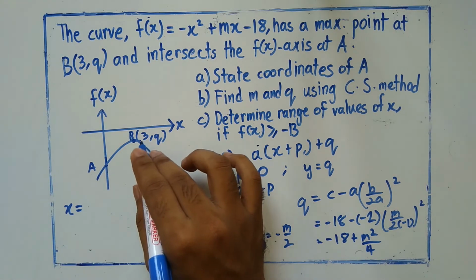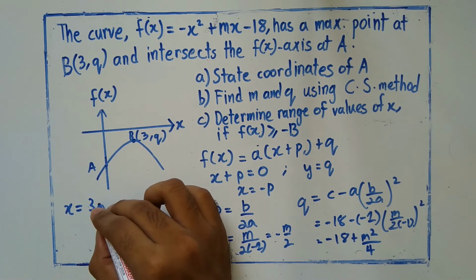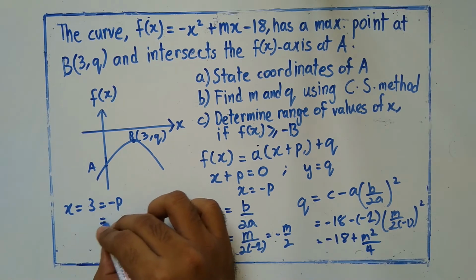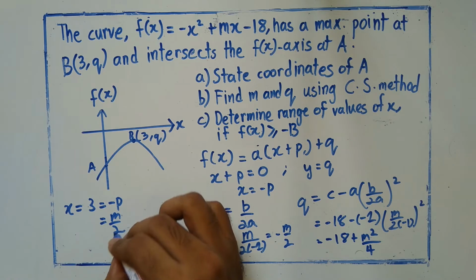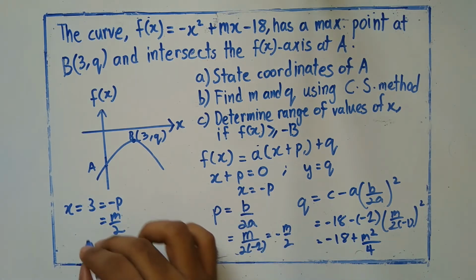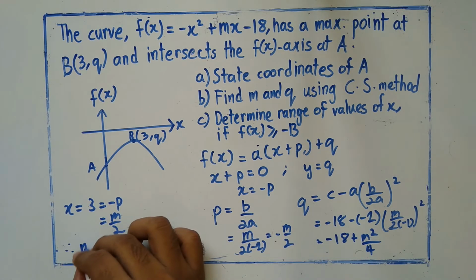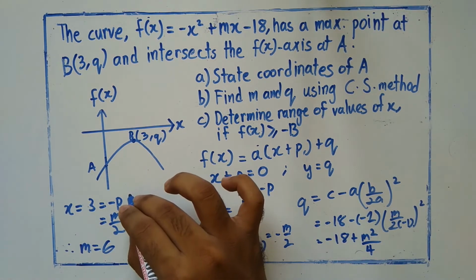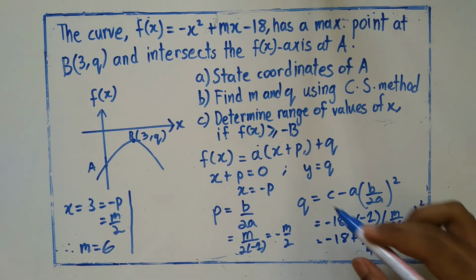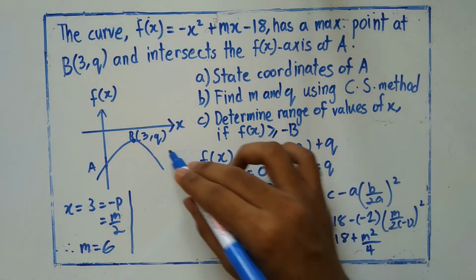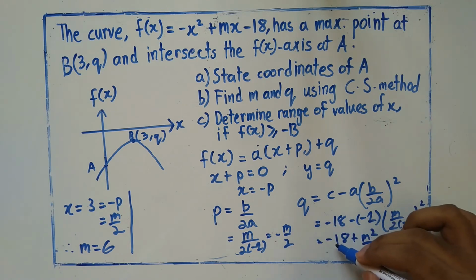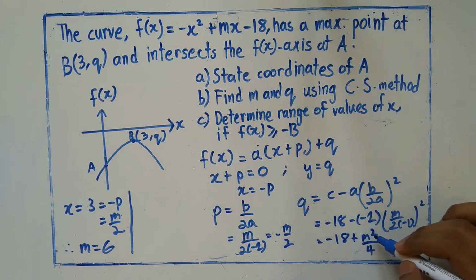Now our coordinate for x is 3, which is equivalent to minus p. This is equivalent to m plus 2, and the value of m equals 6. We do the same thing to y. y is equal to q, and q equals minus 18 plus m squared divided by 4.